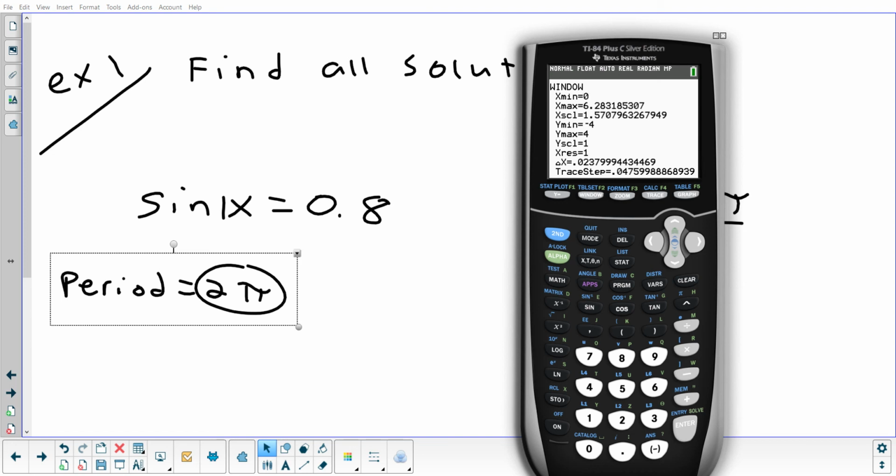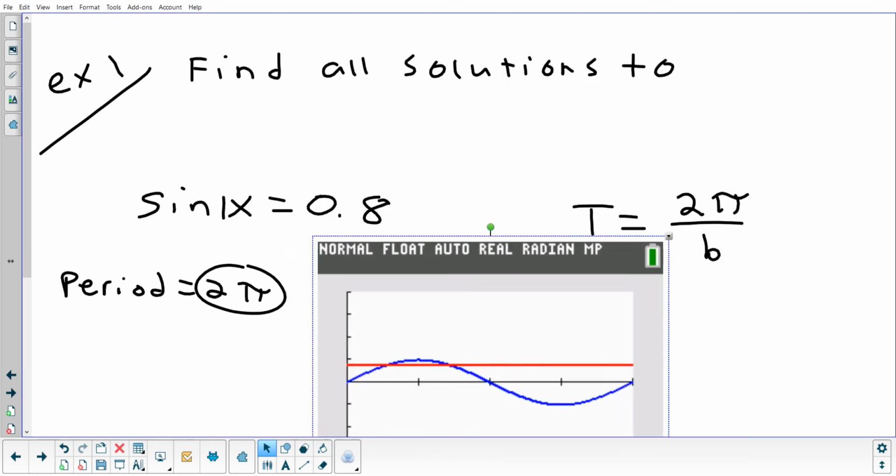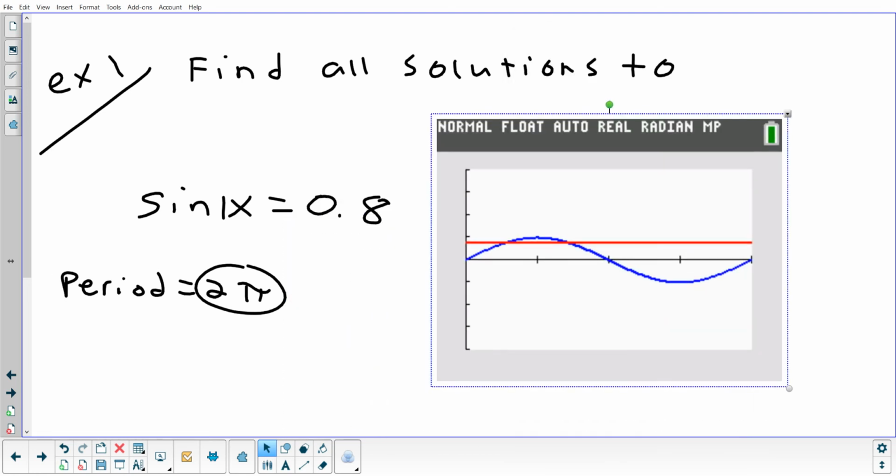I would use the section from 0 to 2 pi. That's what I would use here. And hit graph. All right, so how many answers do we get per cycle? Yeah, okay. 2. 2 answers per cycle.